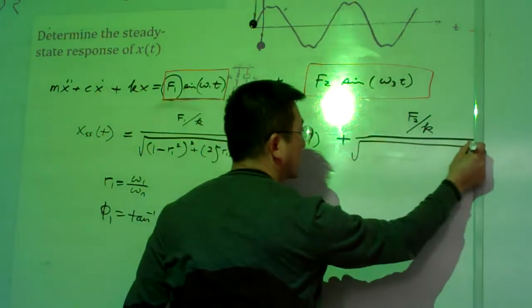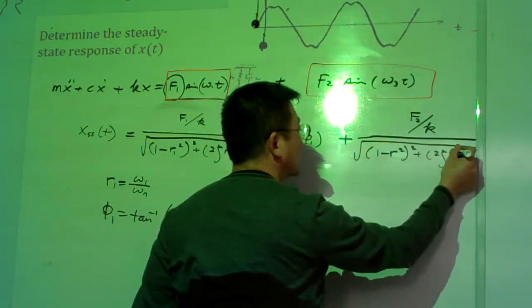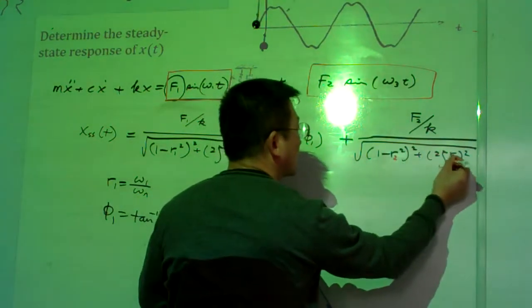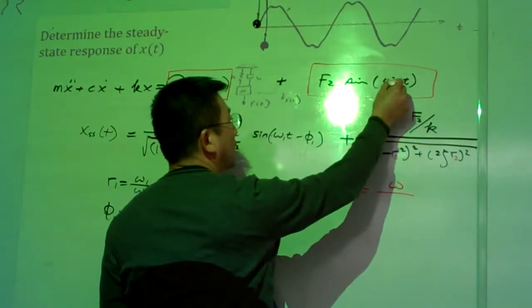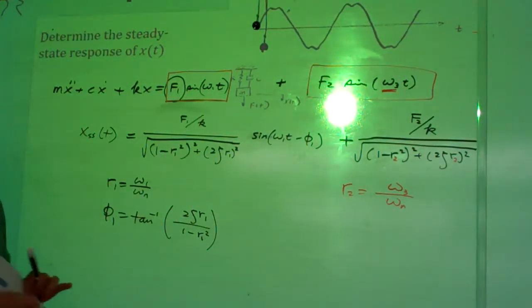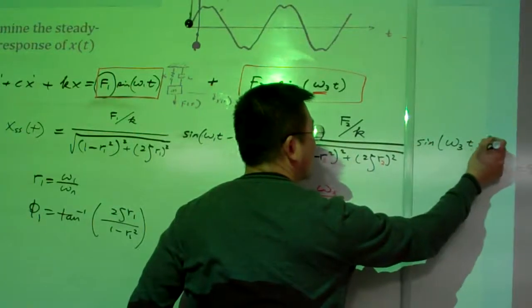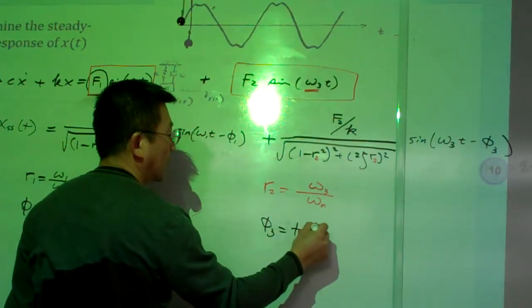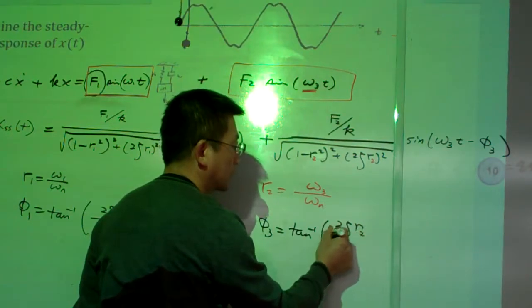Using the same template, 1 minus r squared plus 2 zeta r squared, and for this r I define R2 as the frequency ratio, omega 3 divided by omega n. Then the sine is omega 3 t minus phi3, so phi3 equals arctangent of 2 zeta r over (1 minus r squared), copied from the template, with r equal to R2.